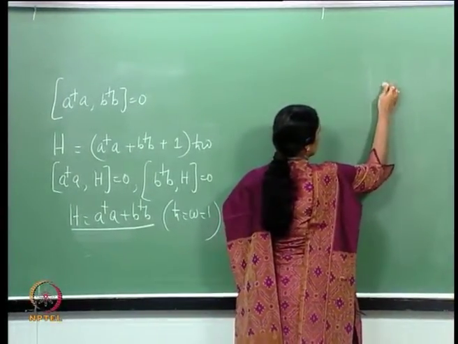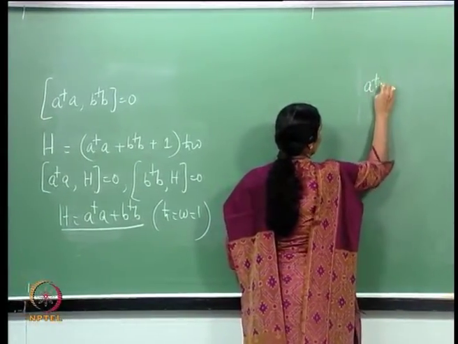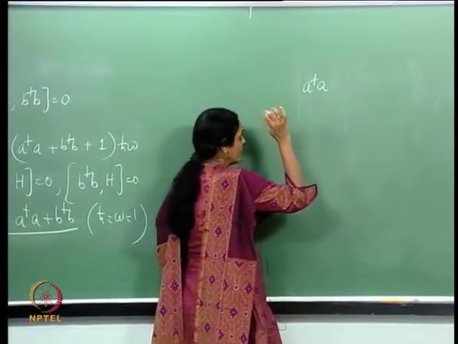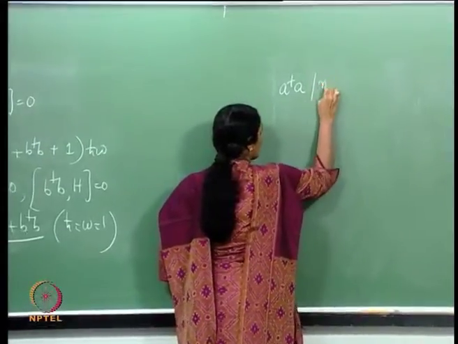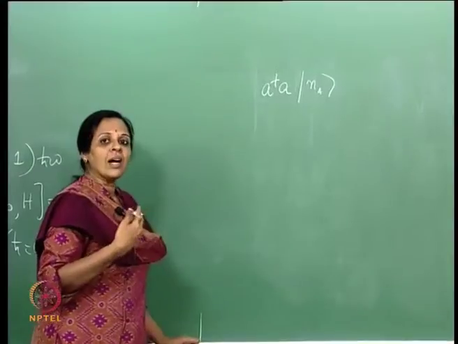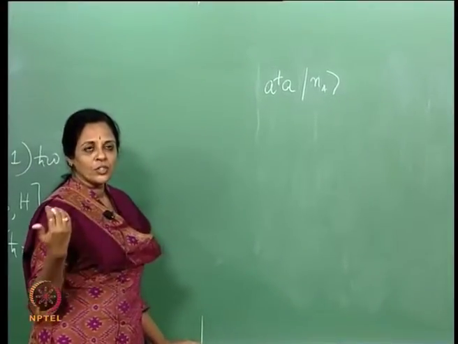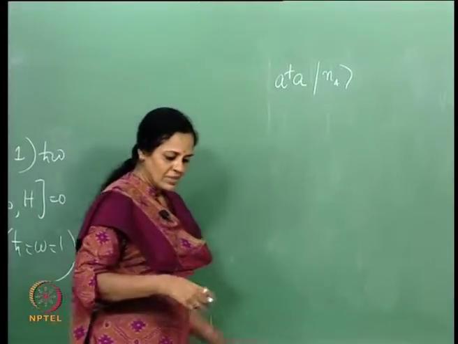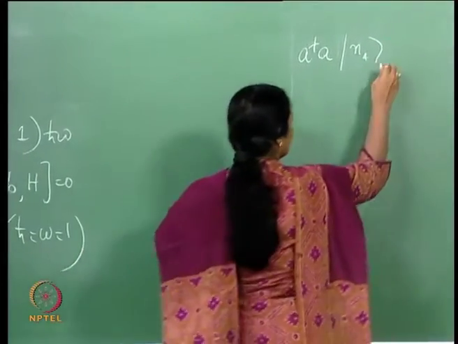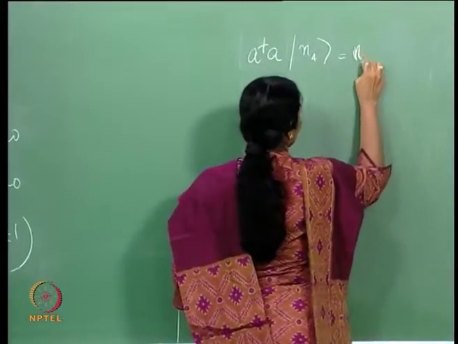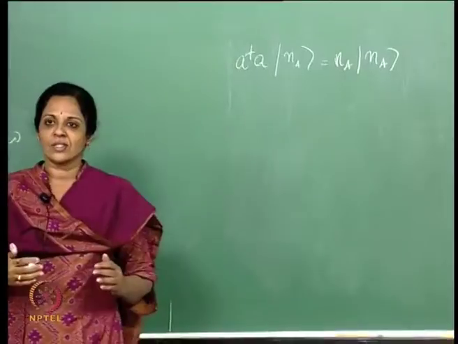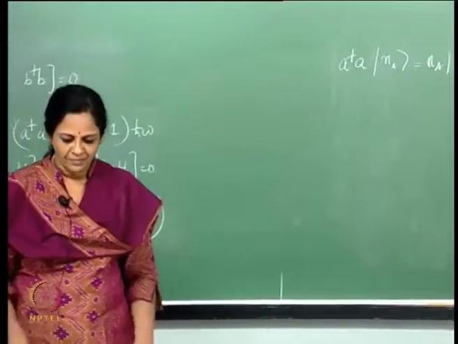It is clear that when A dagger A acts on the combined state of the system, it is merely going to act on the label Na, leaving the other ket corresponding to the second oscillator alone. So, now we have reached a state where we need to define the state space of the full Hamiltonian.